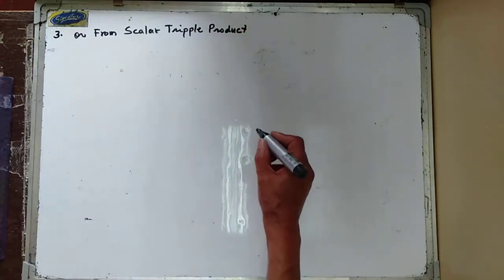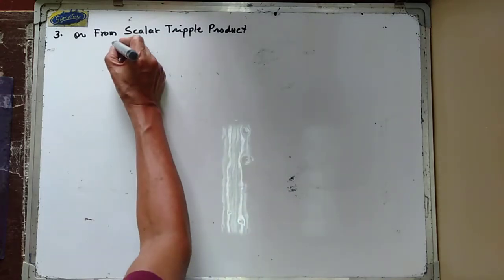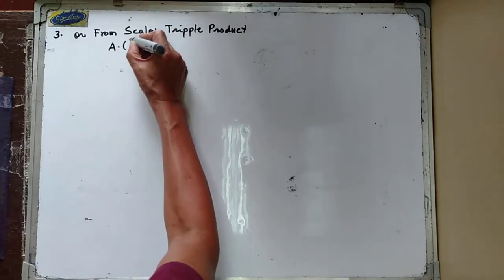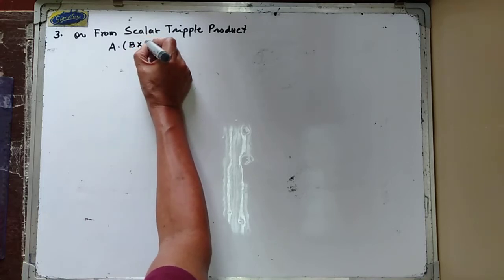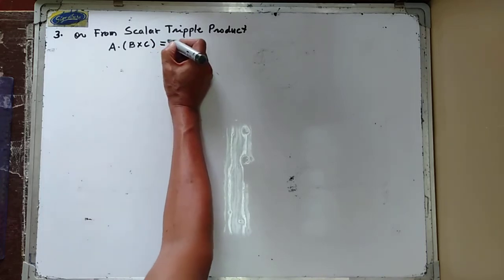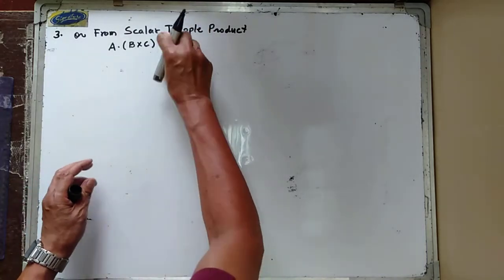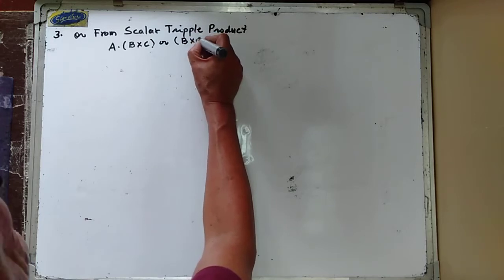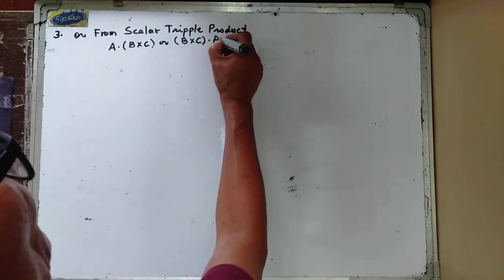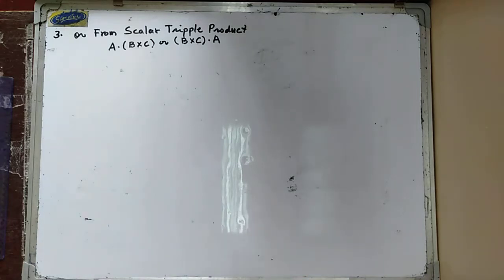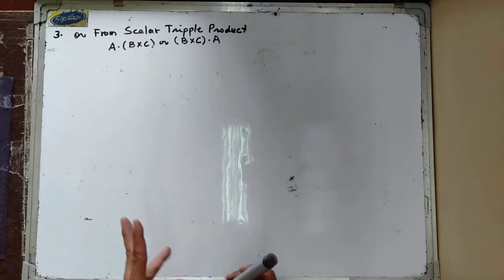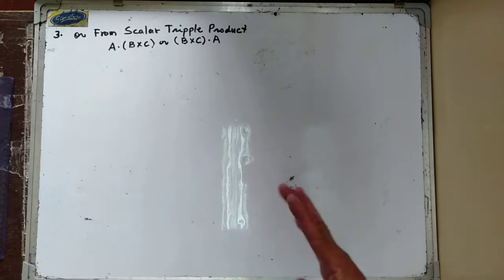If you recall, vector A dot quantity vector B cross vector C is equal to quantity vector B cross vector C dot vector A. That is from the scalar triple product, and we evaluated the value of the scalar triple product before.